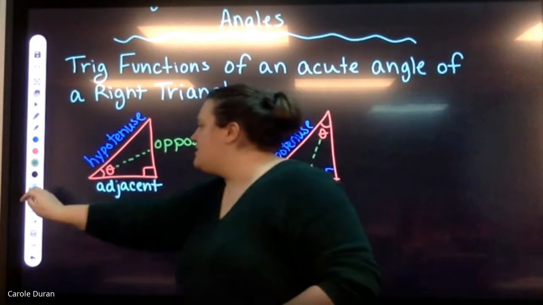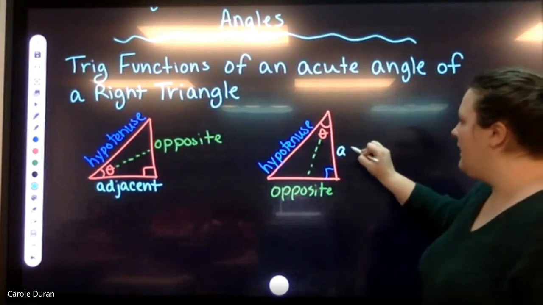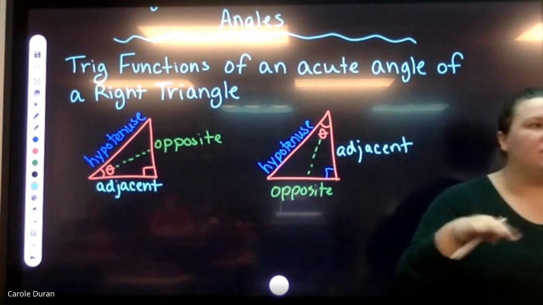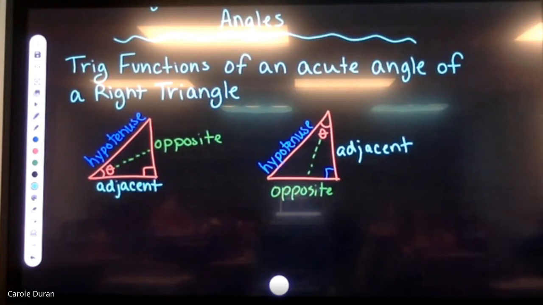And then my adjacent side would be this right-hand leg, because it is the side that touches my angle theta. So those two will change depending on which angle you identify as theta. Everyone okay with that? Which side never changes? Hypotenuse. It's always the side across from our 90-degree angle.